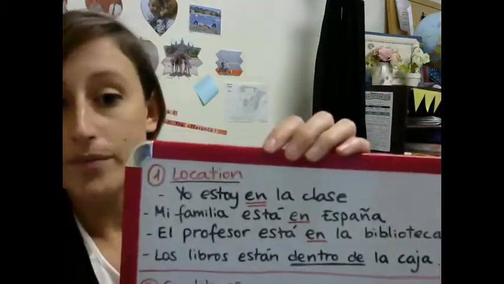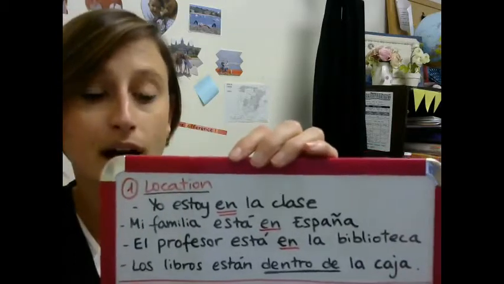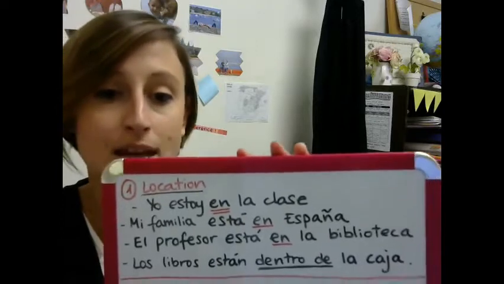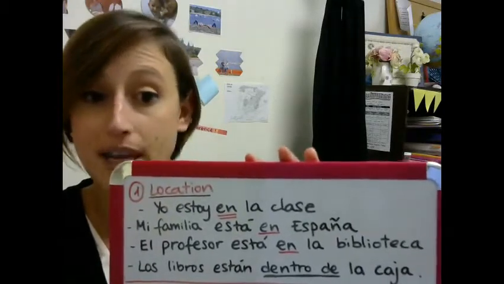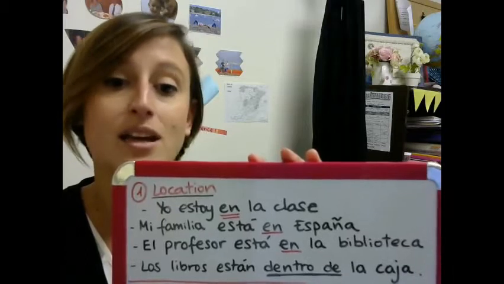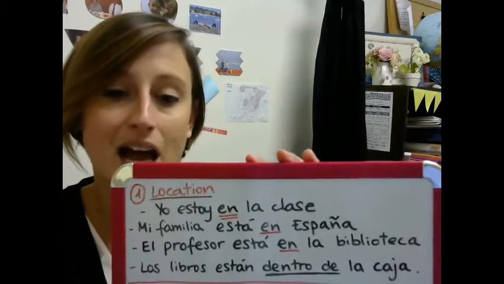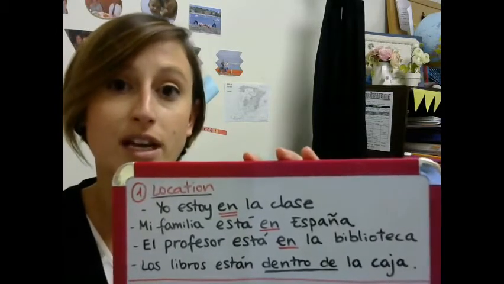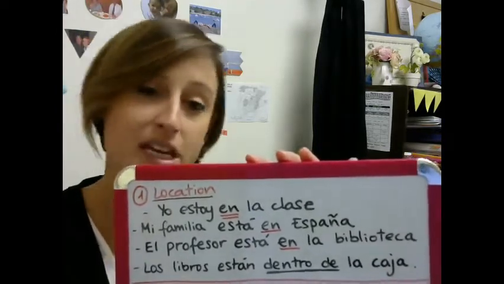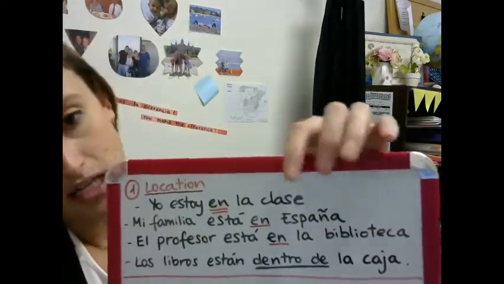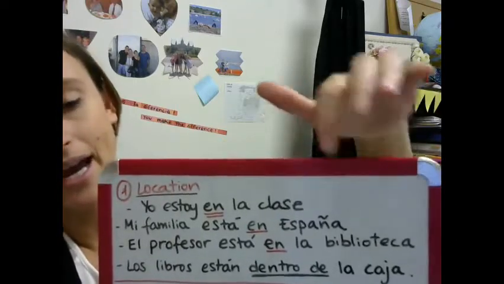Let's look at some examples. Yo estoy en la clase. I am in the classroom. Mi familia está en España. My family is in Spain. And el profesor está en la biblioteca. The professor is at the library. See, sometimes it's "in," sometimes it's "at" in English, but in Spanish most of the times you will see en.